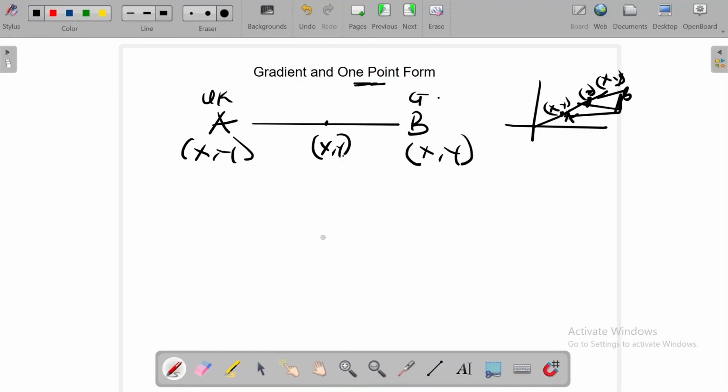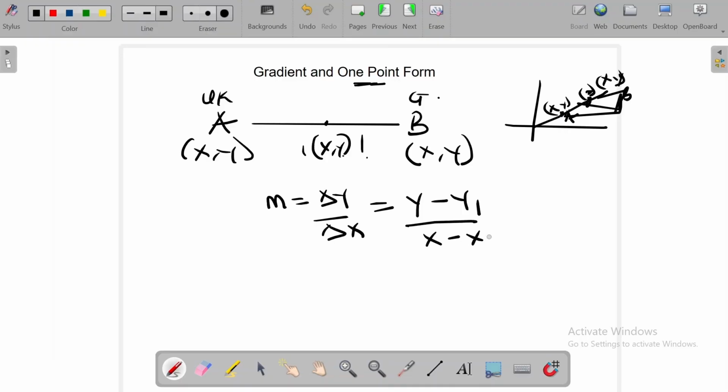You can also still use the gradient of a line, which is m is equal to change in y over change in x. But in this case, we are only considering a single point. This now becomes y minus y1 over x minus x1.